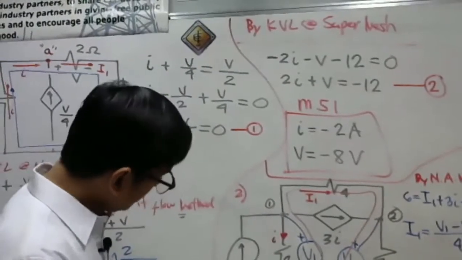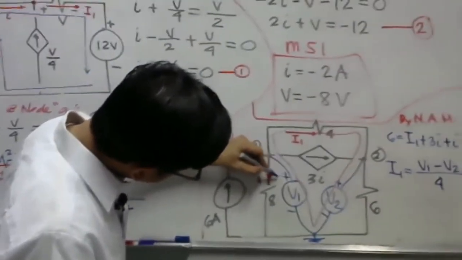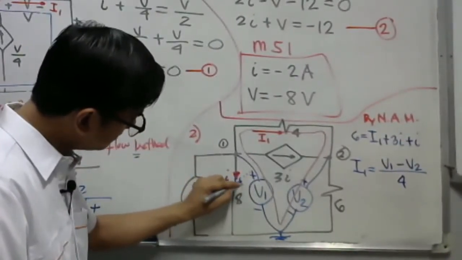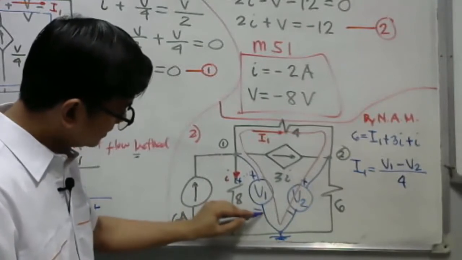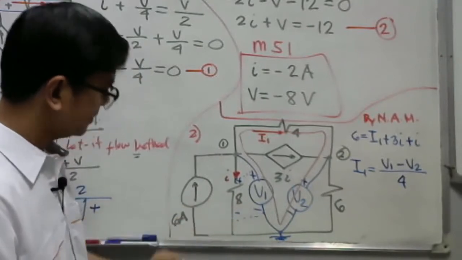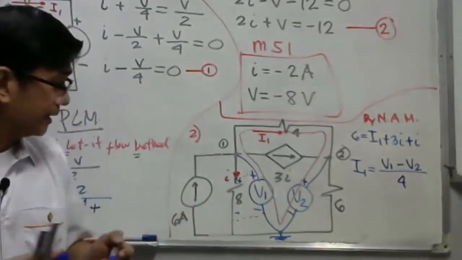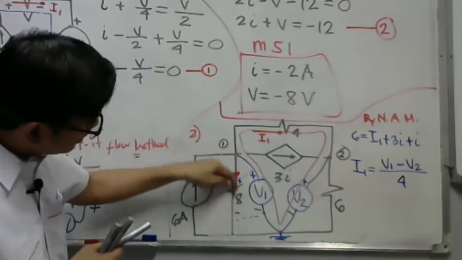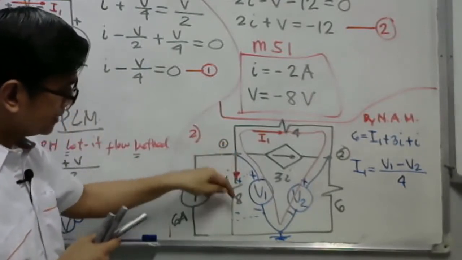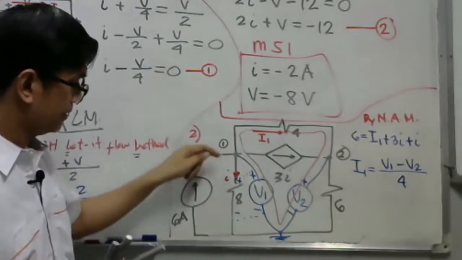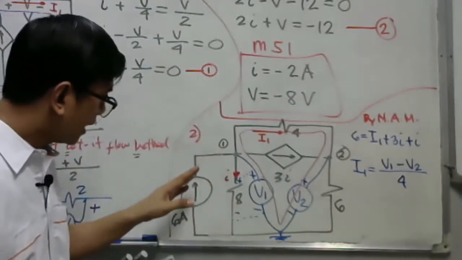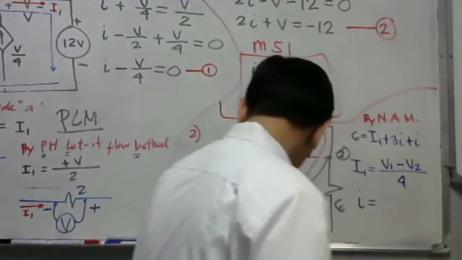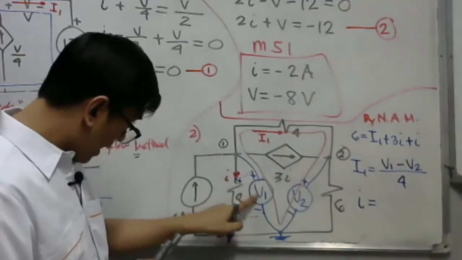Again, if I put here the positive terminal of B sub 1, this is the positive terminal of B sub 1, and this terminal is the negative terminal. Just like what I've said before, if the current enters the positive terminal of the voltmeter, meaning it is positive B sub 1, then our I is simply equal to positive B sub 1 over 8.